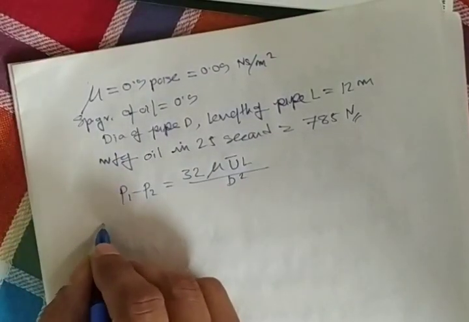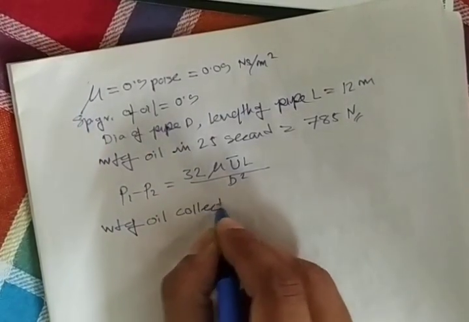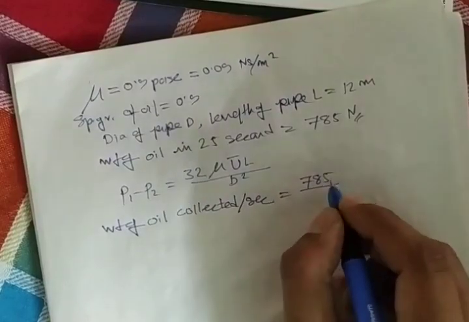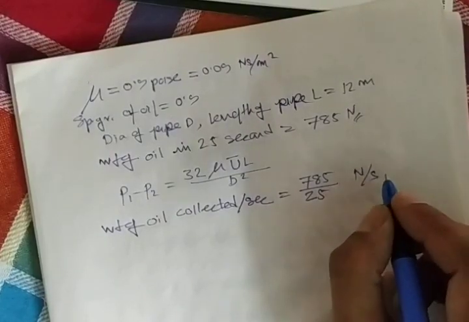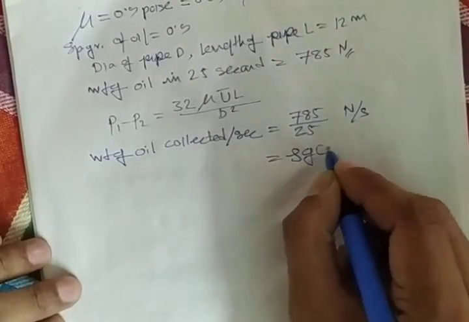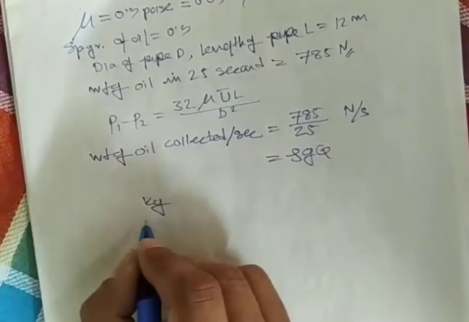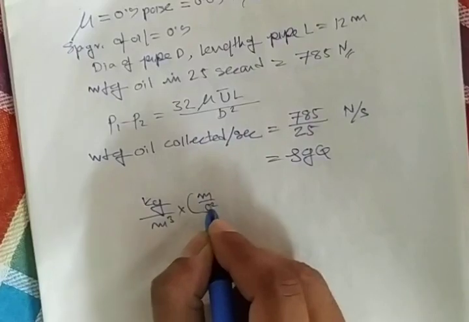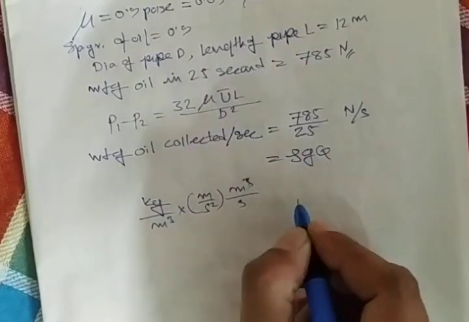Here, the weight of the oil collected per second is 785 in 25 seconds, so this is Newton per second, which is equal to rho g Q. For rho you can write kg per meter cube, for g meter per second square, and Q meter cube per second.